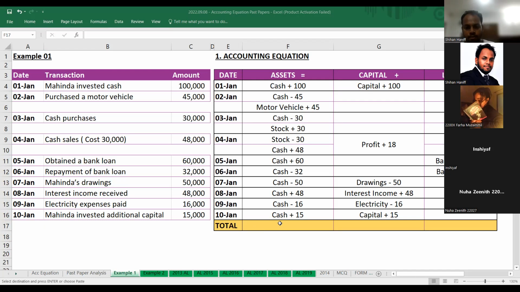Total assets 143. Total capital is 115. Liabilities 28. Okay, now the next point.